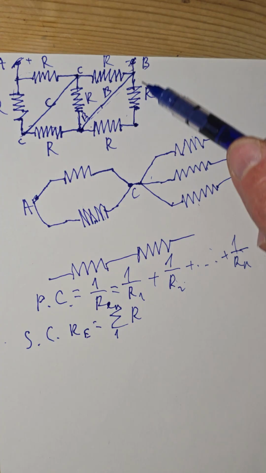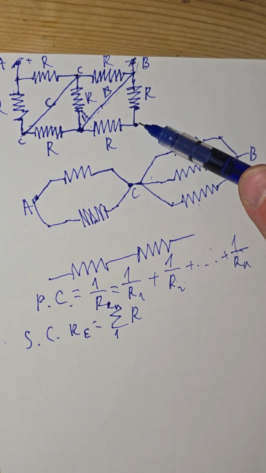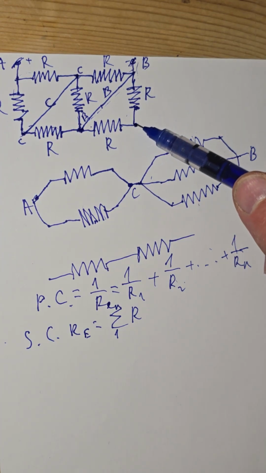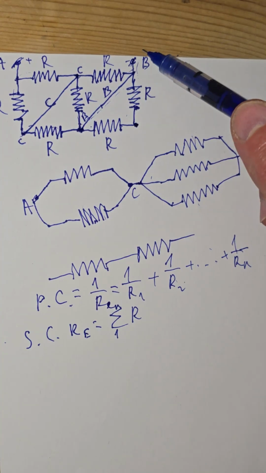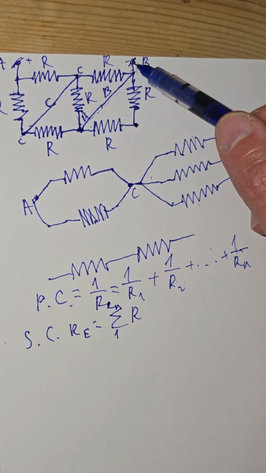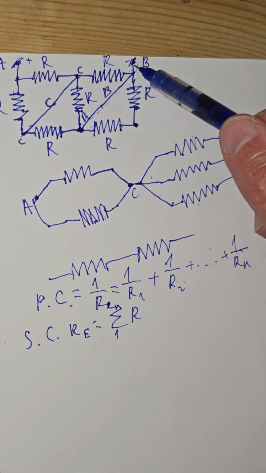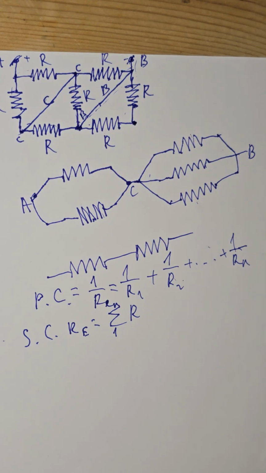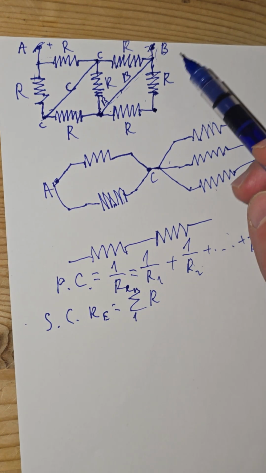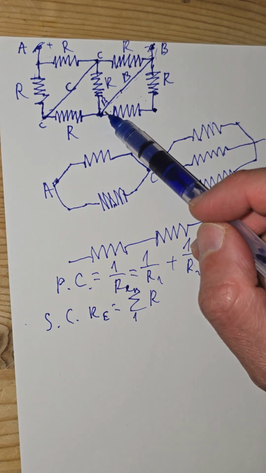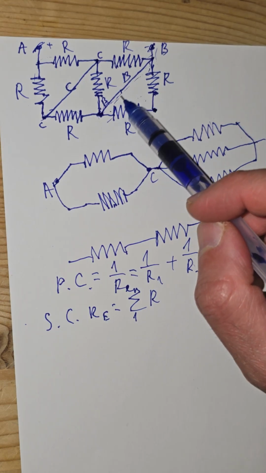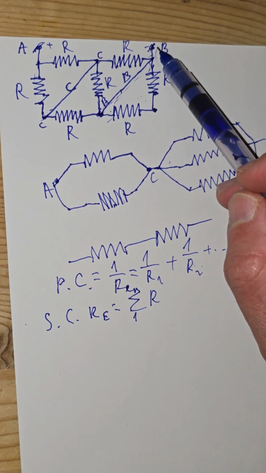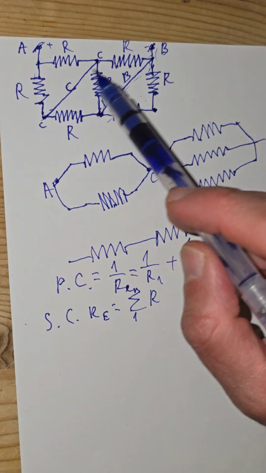But these two resistors are outside, because this point E is not connected to B or to A. It is connected to this wire, but it is not connected to the supply.